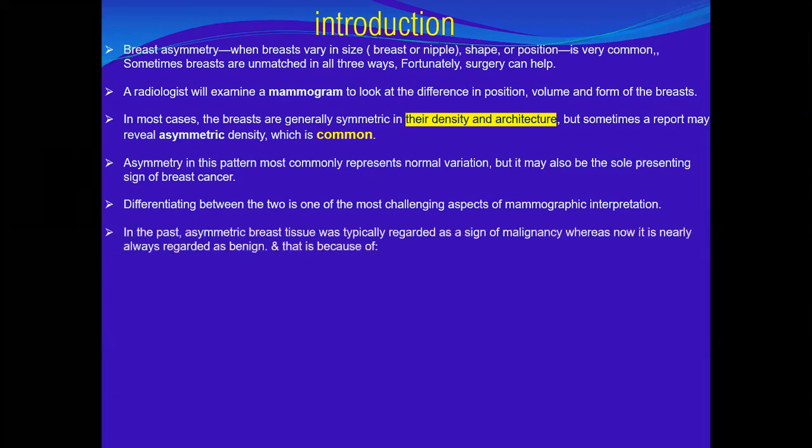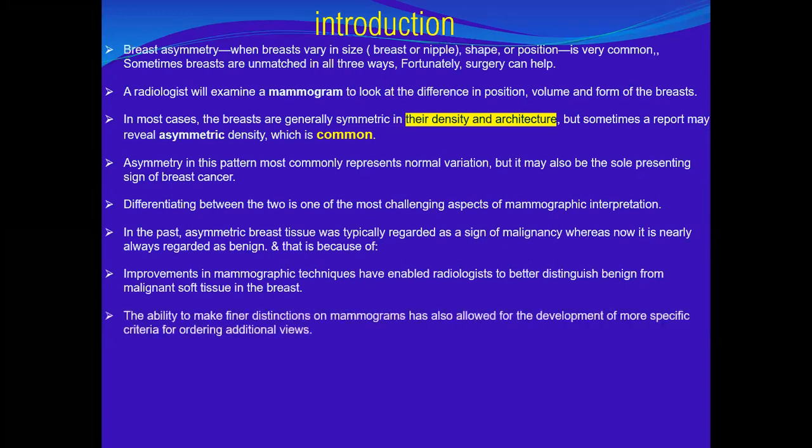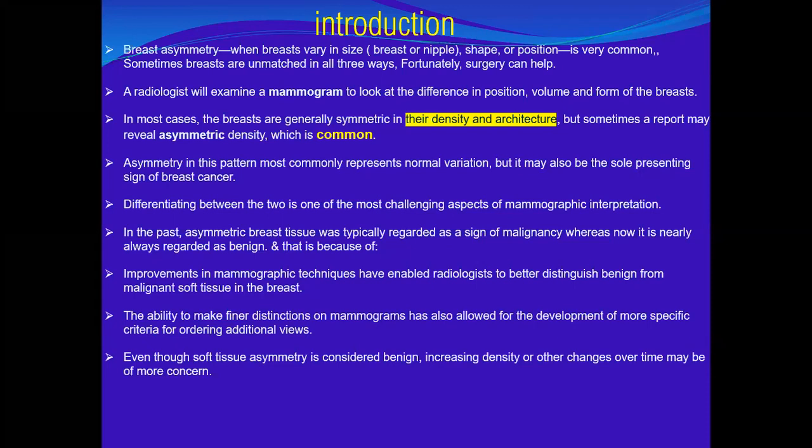In the past, asymmetry was typically regarded as a sign of malignancy, whereas now it is nearly always regarded as benign. That is because improvements in mammographic techniques have enabled radiologists to better distinguish benign from malignant breast tissue, and the ability to make finer distinctions on mammogram has allowed the development of more specific criteria for ordering additional views.